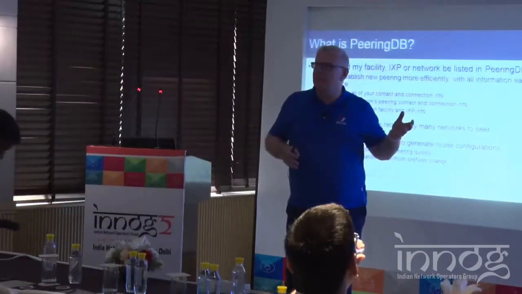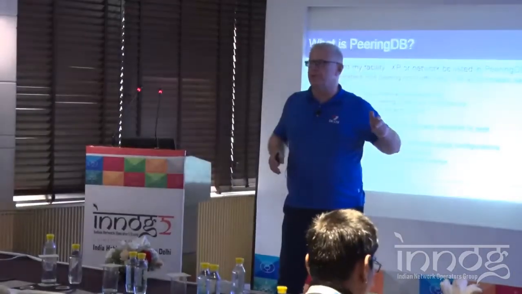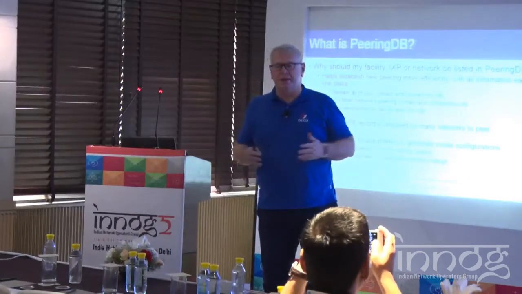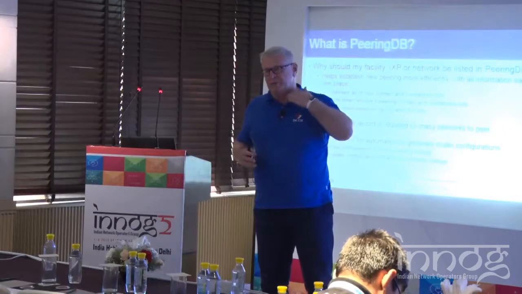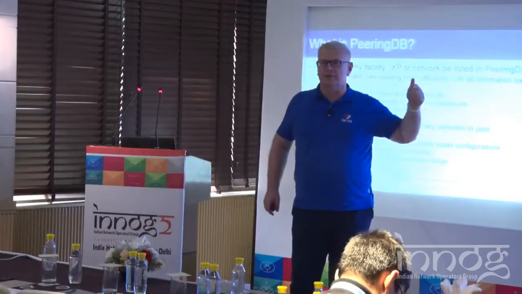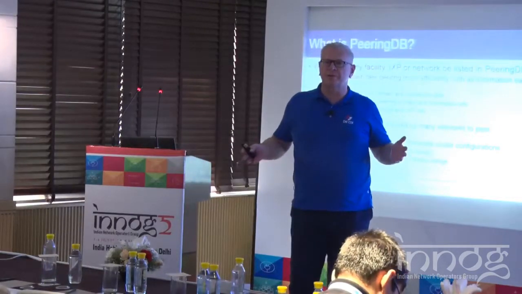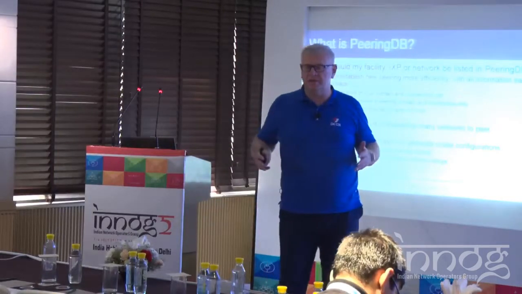Basically, there are three items you need to do interconnection. Of course, the internet consists of autonomous systems, or how we call it in PeeringDB, networks. This is the first component. The second component is, if you want to interconnect, it makes sense to be in some colocations, or how we call it, facility.